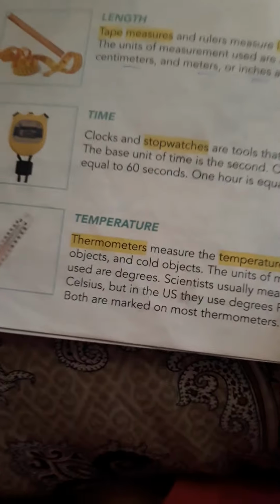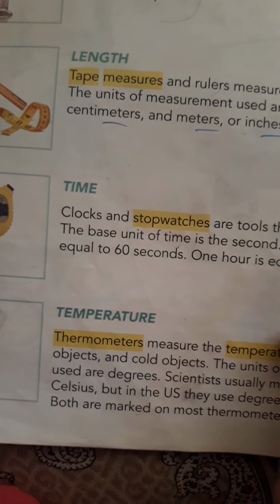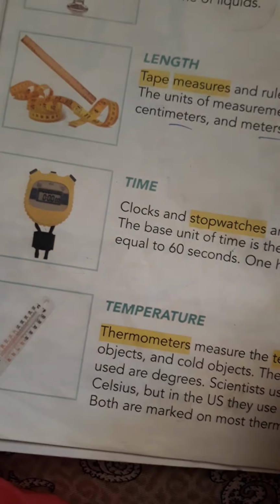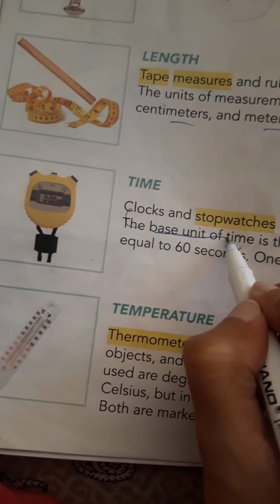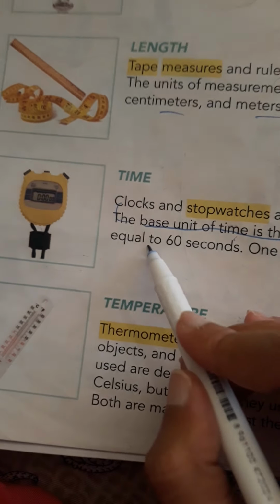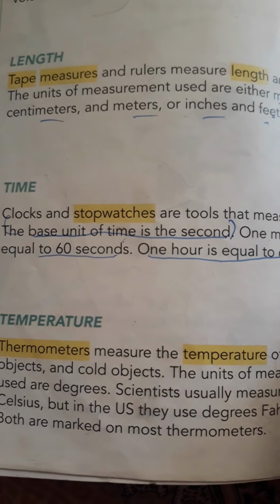Next is time. Clocks and stopwatches are tools that measure time. The base unit of time is the second. The base unit means the unit which is used everywhere in the world. 1 minute is equal to 60 seconds, we know very well, and 1 hour is equal to 60 minutes.